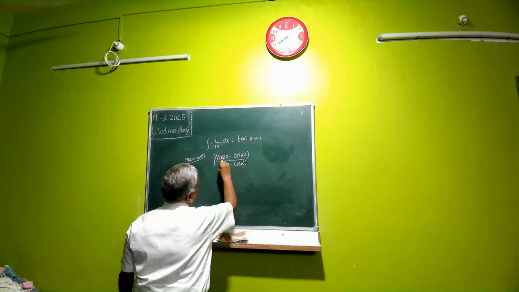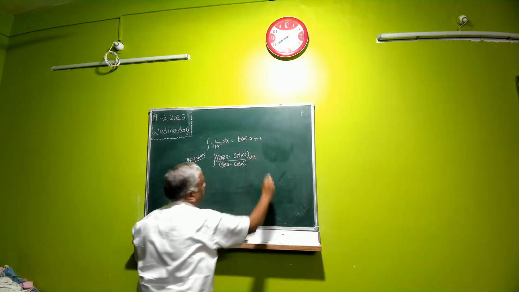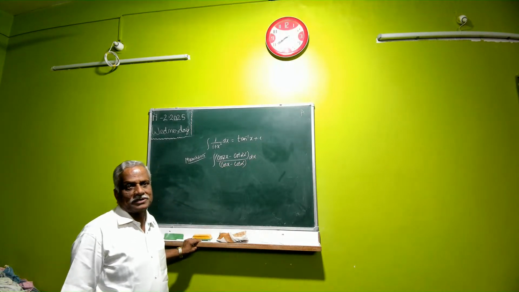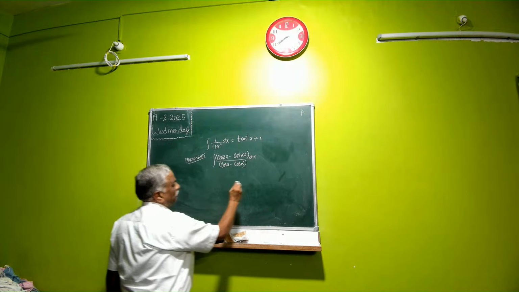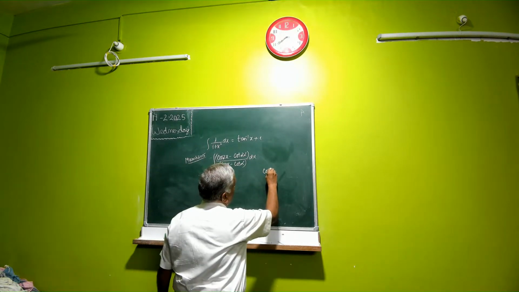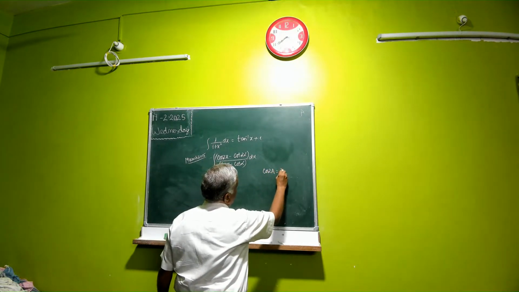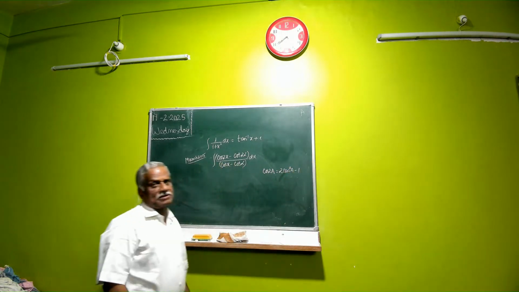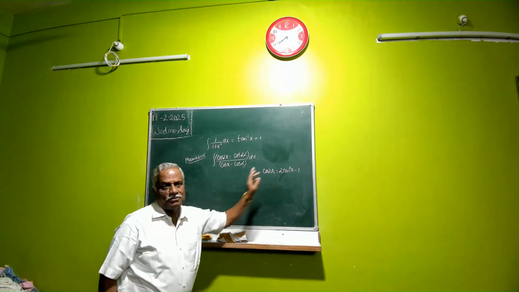See, you cannot work out this problem for the first time in the examination. You should have worked this earlier. These are all standard problems. So you know a formula: cos 2a is 2 cos square a minus 1. Of course, there are other formulas also. This formula is suitable here.